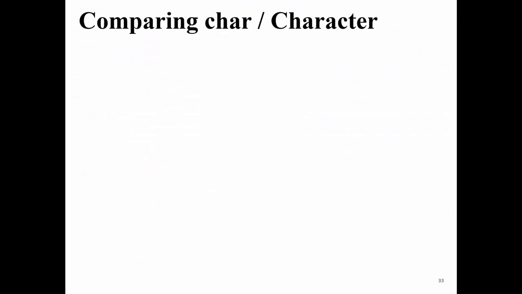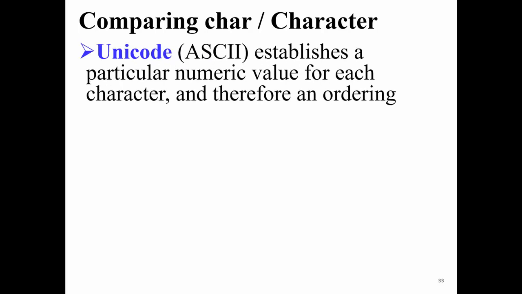Okay. Now, we also have the char, or character type. The good thing about the character is Unicode, which most programming languages use, and a subset of Unicode is called ASCII code.